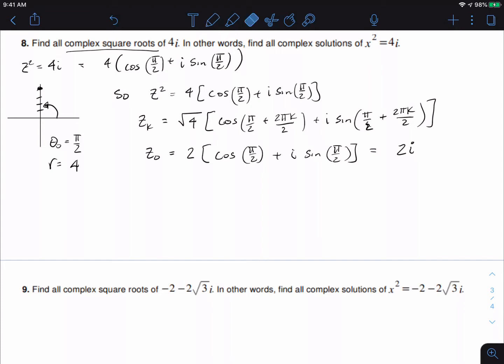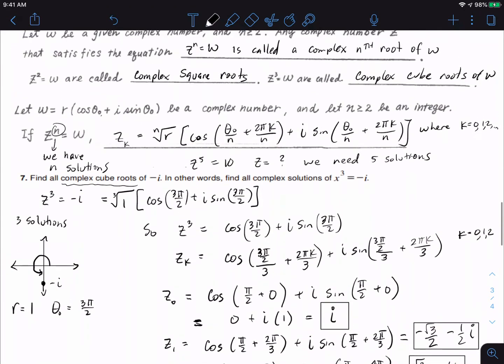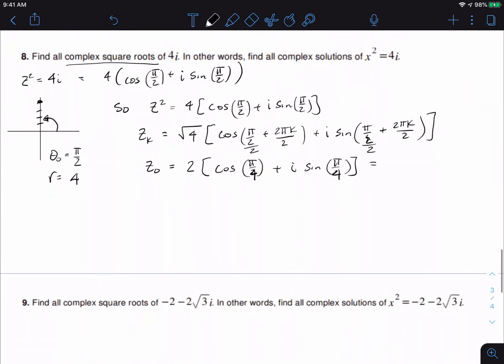Ooh, I forgot one thing. My apologies. What did I not do? I didn't divide this side by 2. Right? Because it's supposed to be divided by n. The initial angle is supposed to be divided by n. And so this should be over 4. This should be over 4. My apologies. Right? Because the formula tells us we divide the original angle by n.